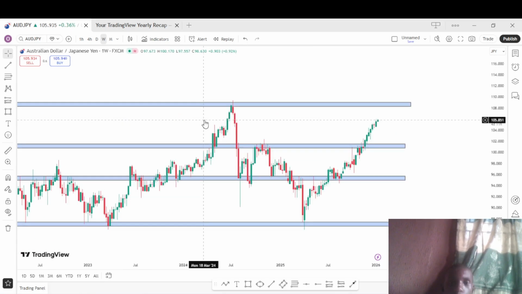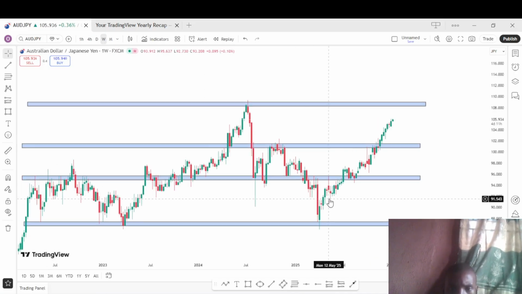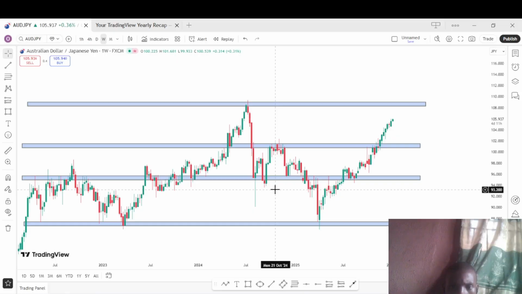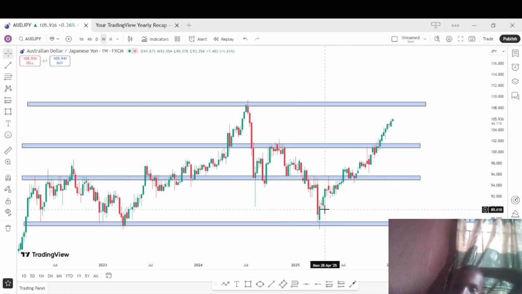We check for candlestick patterns, and from what we can see here, we can see an inverse head and shoulder. This is the head, this is the left shoulder, and this is the right shoulder, either way.